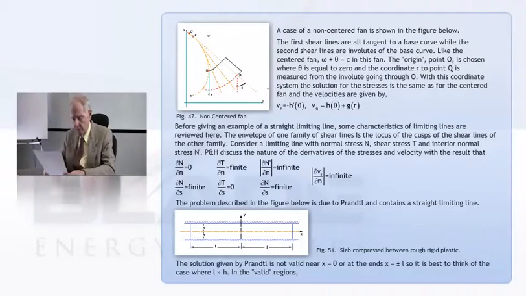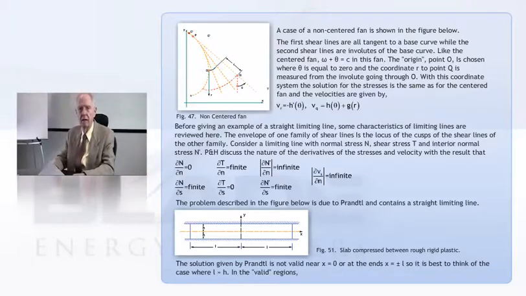There's a problem started at the bottom of this current page, and it's due to Prandtl. It's always the same guys getting in on the act. This problem is extremely simple. It's not unlike elasticity, where you have to say, well, we don't worry about end effects.